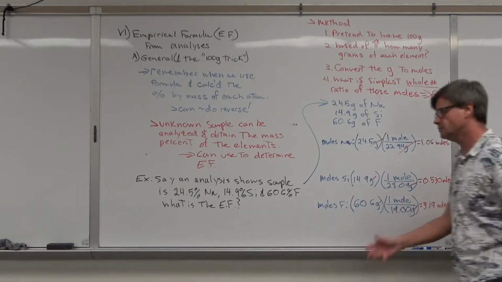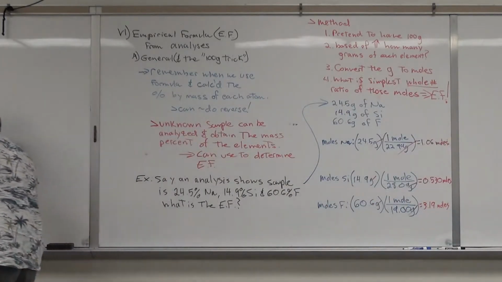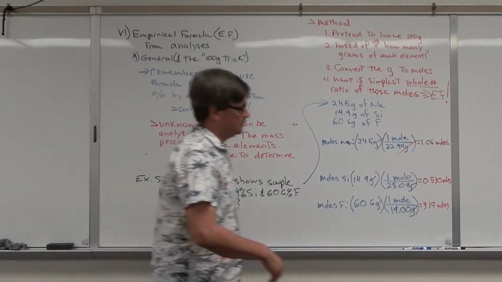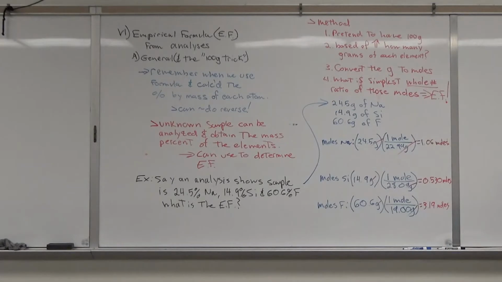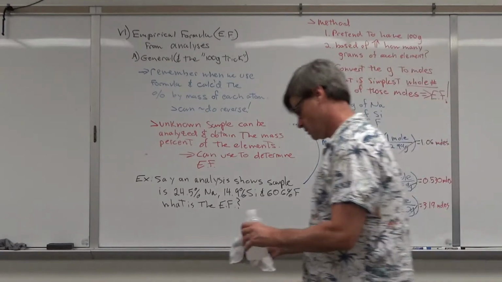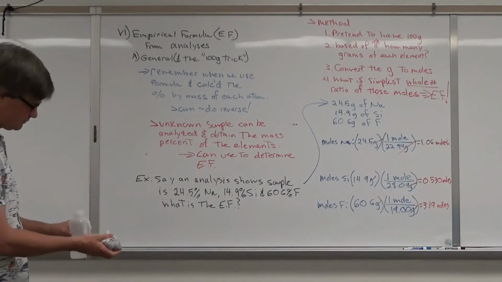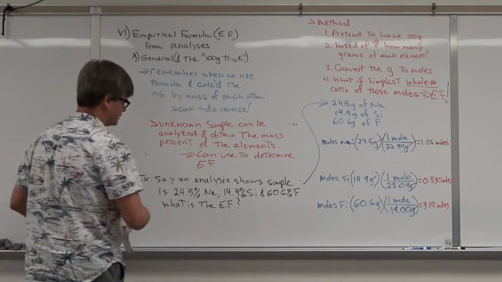So we're just about there. All right, we need the simplest whole number ratio. Okay, and a lot of people maybe just have an intuition about how you come up with the simplest whole number ratio, or at least in the beginning the ratio. In general, what you're going to do is take the smallest one and divide it into the others.